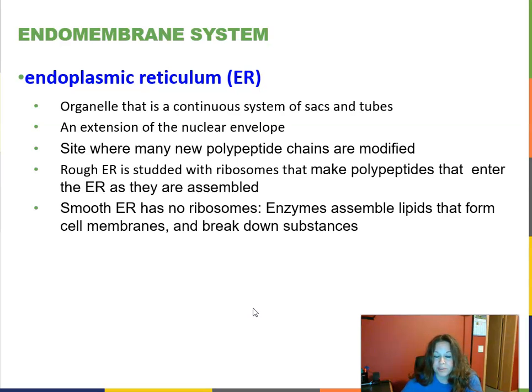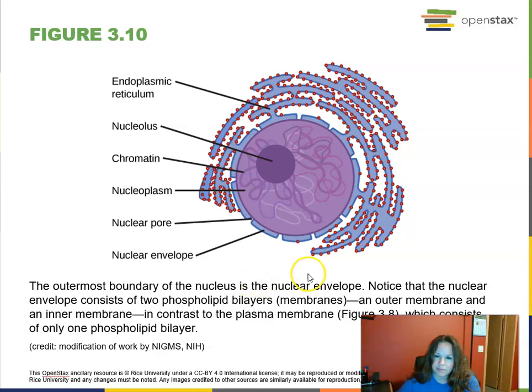And so we make proteins there, and then we can send those polypeptide chains through those little passageways. In the smooth ER, where there's no ribosomes, that's where your cell has enzymes that are assembling lipids that help to form the cell membrane, and also other substances are being broken down there.